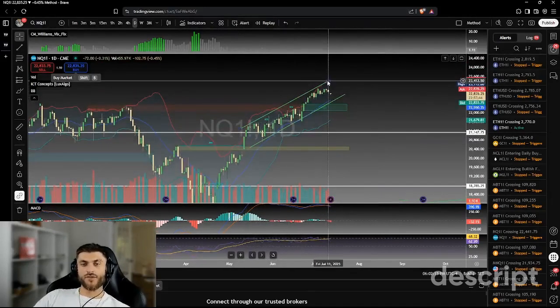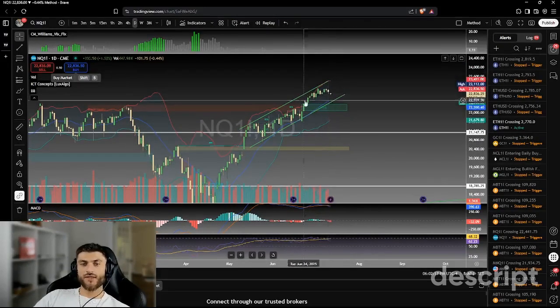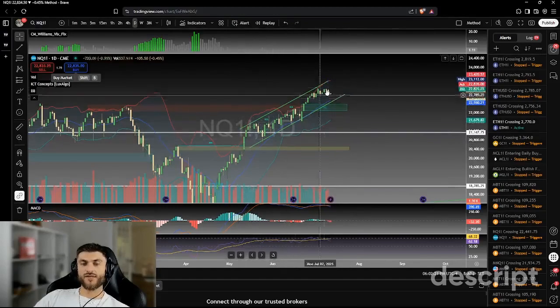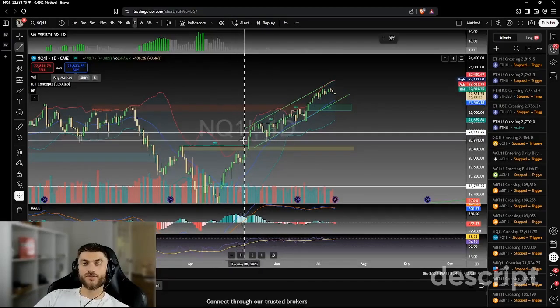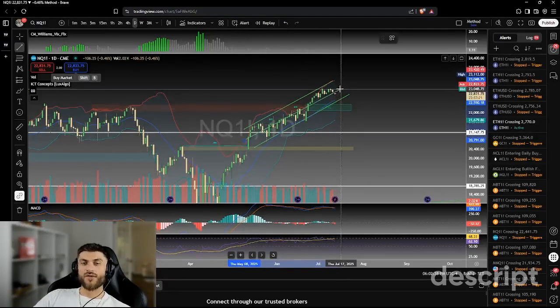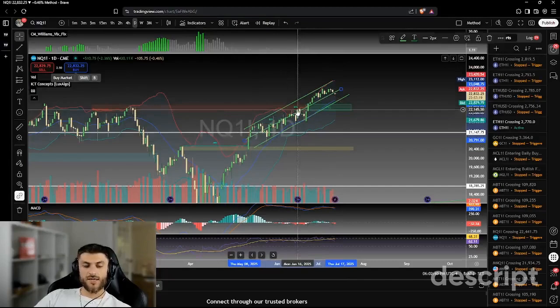But anyway, so range bound, what I'm saying is there's been a significant amount of time that price has stayed within this channel. And that is why the histogram is getting so tight here, because it's not really making any significant moves away from a mean. And by mean, I would just mean this kind of middle area. So as you can see, there's not a whole lot of percentage.